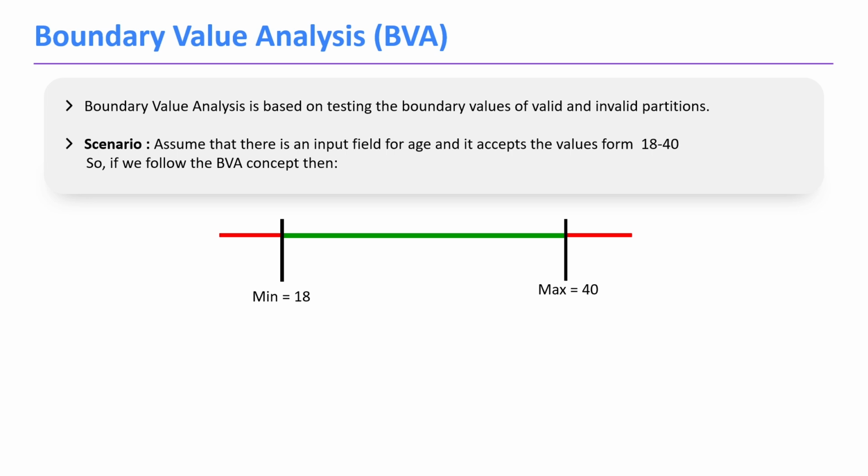What is the starting boundary here? The starting boundary means the minimum value. What is the minimum value which the age field accepts? It's 18, and the ending boundary is 40, which is the maximum value the age field can accept. Along with the boundary values we have to test the minimum boundary -1 and +1, and the same with the maximum boundary -1 and +1.